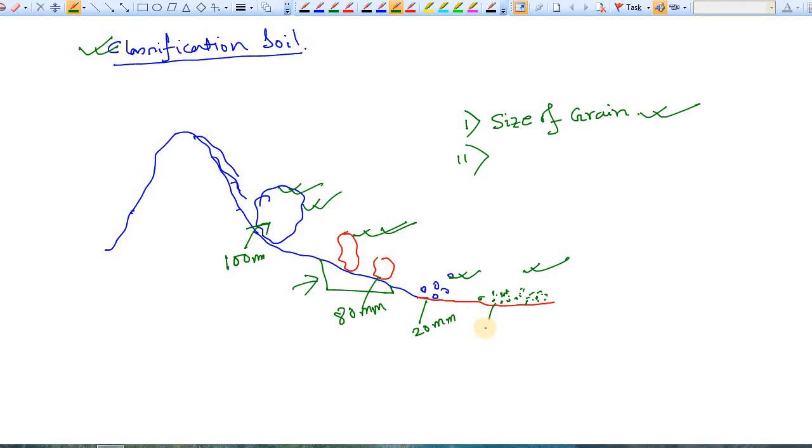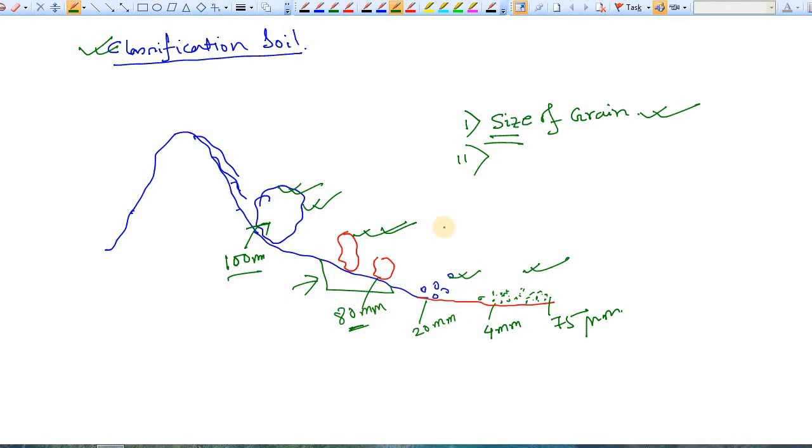Let's say this is simply 4 mm, and these are very fine particles, let's say 75 micron. So if I describe each and every one by this size, we can classify this particular shape or soil by this range, or this one with this measurement.